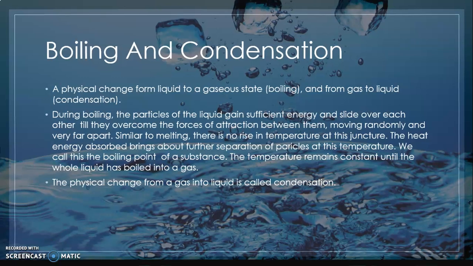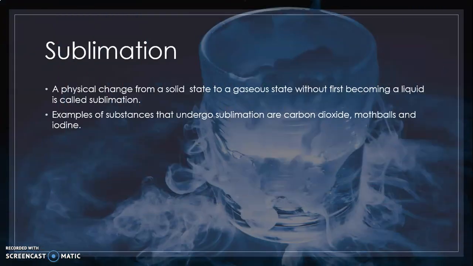That's it. Then, sublimation. A physical change from solid state to a gaseous state without first becoming a liquid is called sublimation. Examples of substances that undergo sublimation are carbon dioxide, mothballs, and iodine.